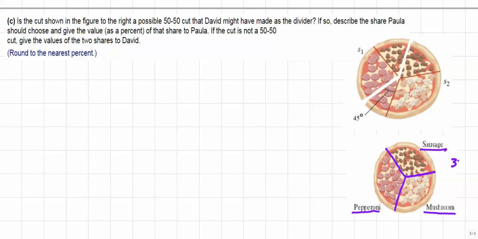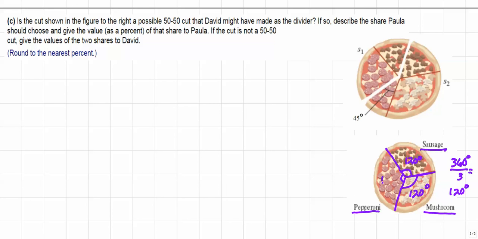And remember that a circle has 360 degrees in it, and if we divide that by 3, we're going to end up with 120 degrees, which means that the angles that we're talking about here are all 120 degrees.